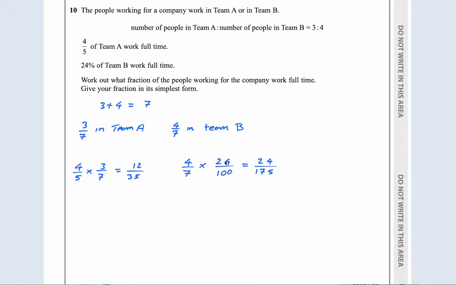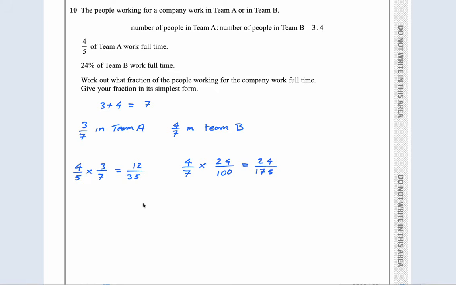Okay, so this is what fraction of the total people works full time in Team B. And the 12/35 is the fraction of the total number of people that work full time, but they're in Team A.